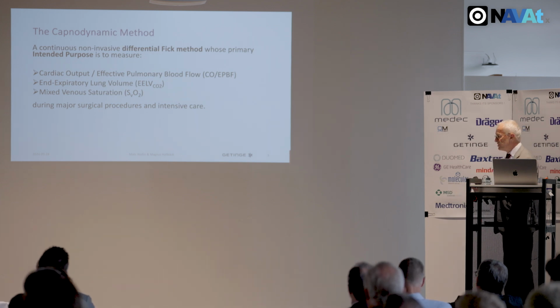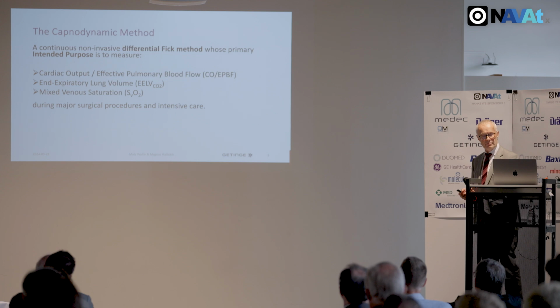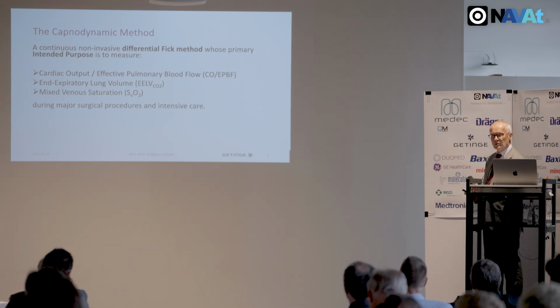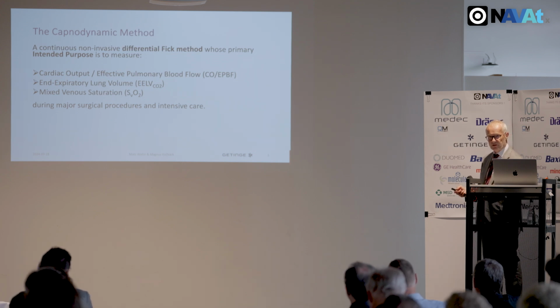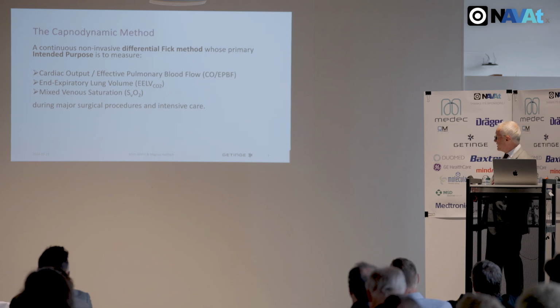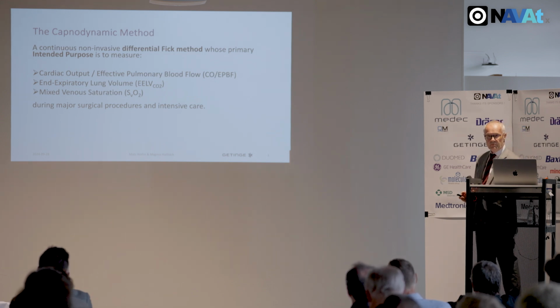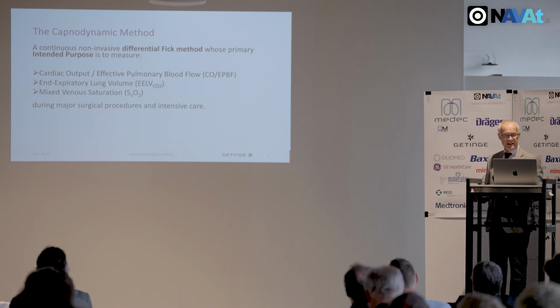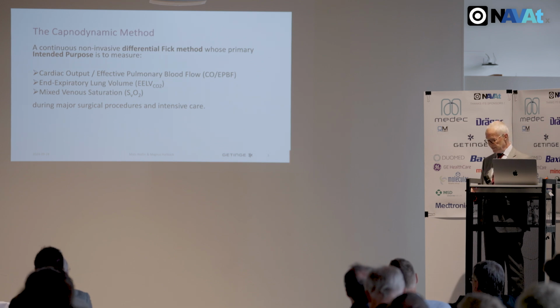It also measures end-expiratory lung volume by CO2, which differs from the end-expiratory lung volume measured by inert gases. So it's a measure of FRC continuously. But the latest achievement is that we are also able to measure mixed venous saturation by ventilator and carbon dioxide kinetics. This is aimed to be used during major surgical procedures and intensive care.